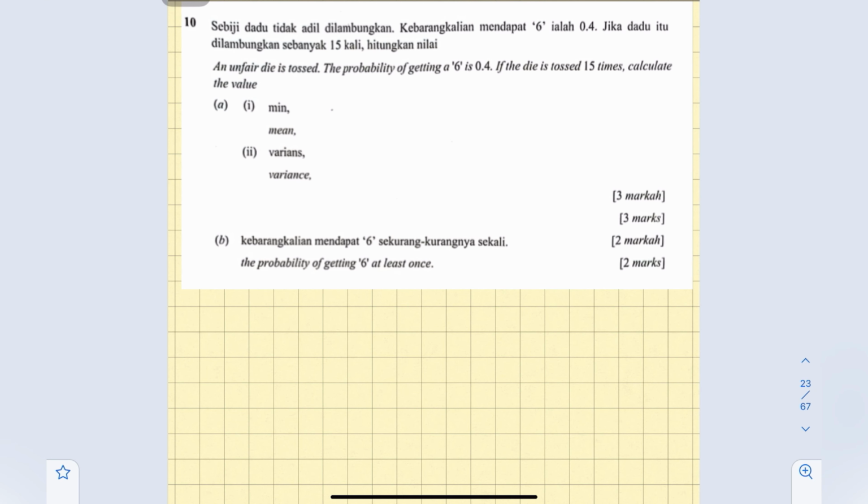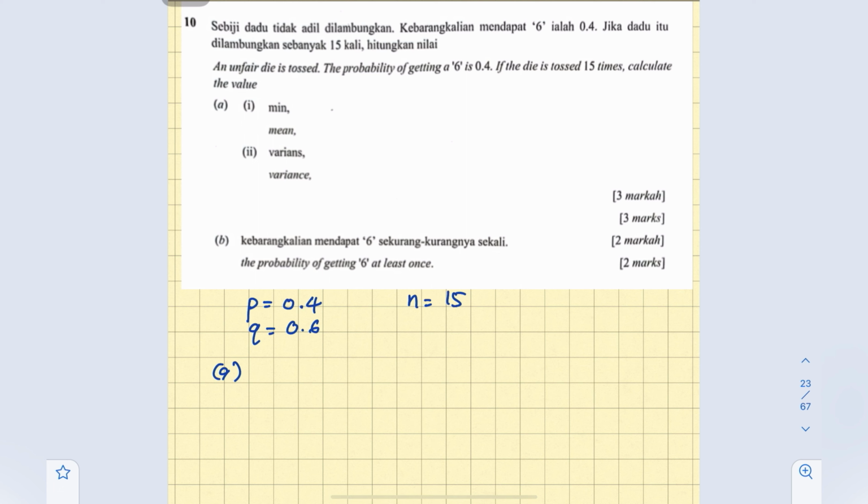Now question number 10. An unfair die is tossed. The probability of getting 6 is 0.4. If the die is tossed 15 times, calculate the value of the mean. Okay, given the probability is 0.4, so the probability of failure q is 1 − 0.4, which is 0.6. 15 is the number of trials, n equals 15.